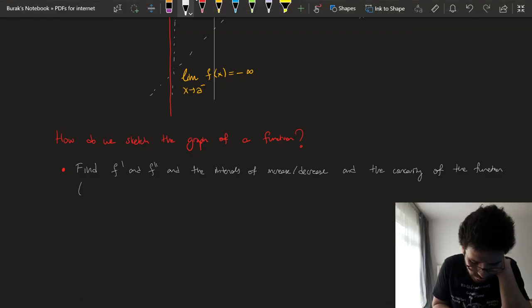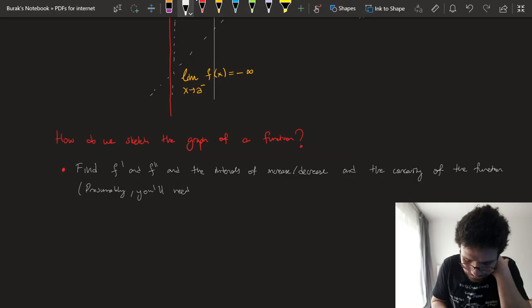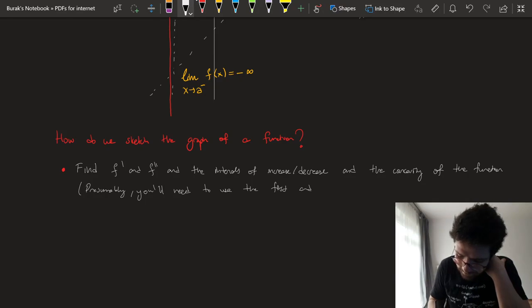For this one, you should presumably use the first and second derivative tests.